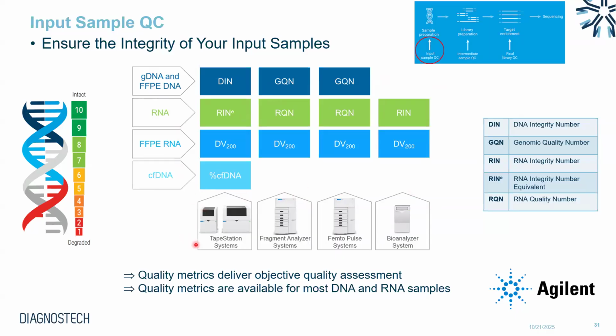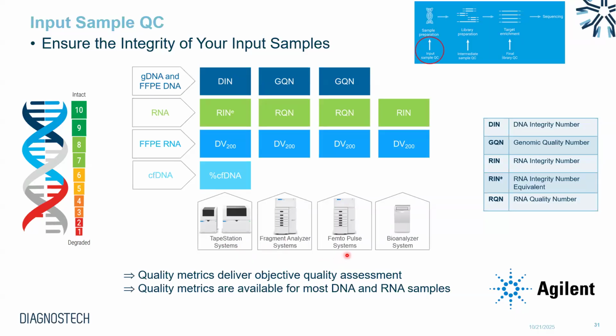So all 4 of these instruments over here are Agilent instruments, and we do supply them. I'm going to be going into a little bit of detail about the TapeStation system, as it is our most commonly used QC system. But very briefly, we also have a Fragment Analyzer system. It's a capillary electrophoresis system, generally for higher throughput needs.